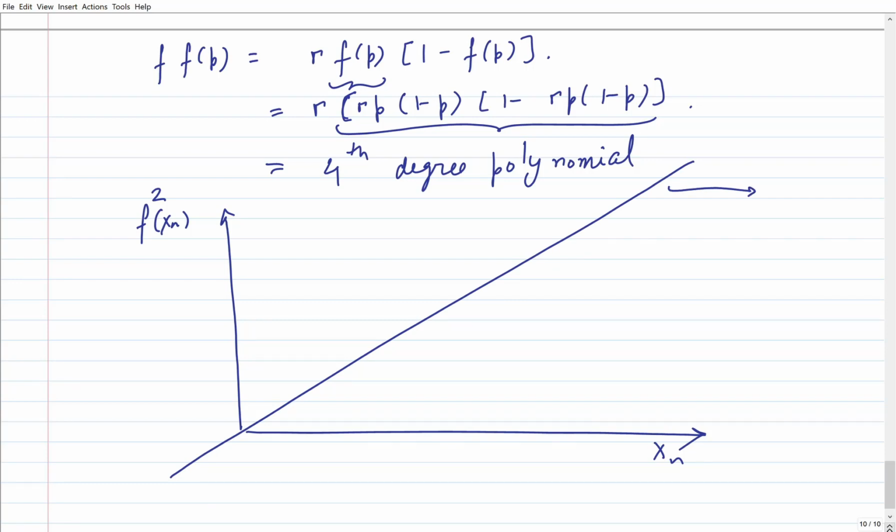Now, of course, depending upon the shape or the value of r, it's a degree 4 polynomial, so in general this is going to have some more bumps.